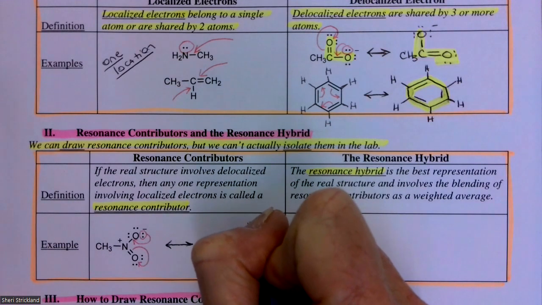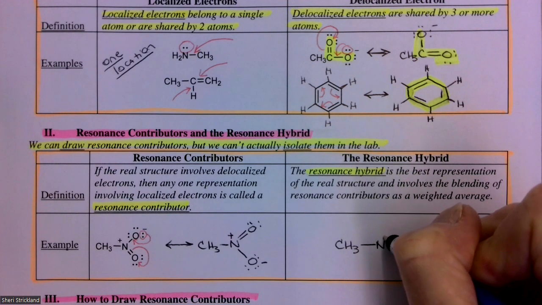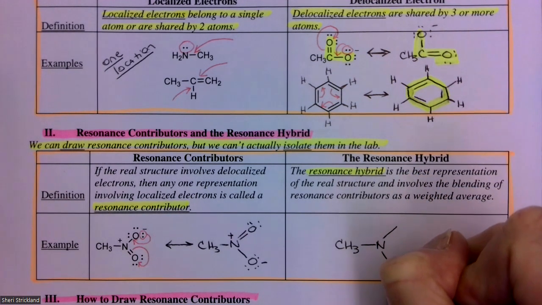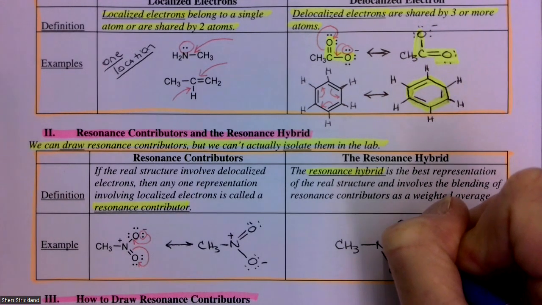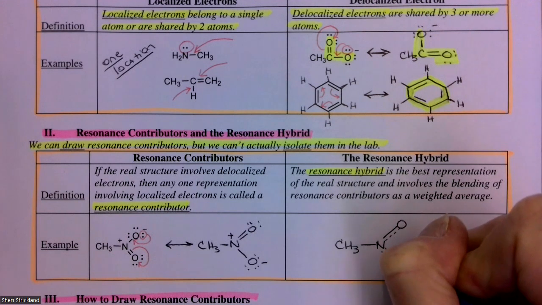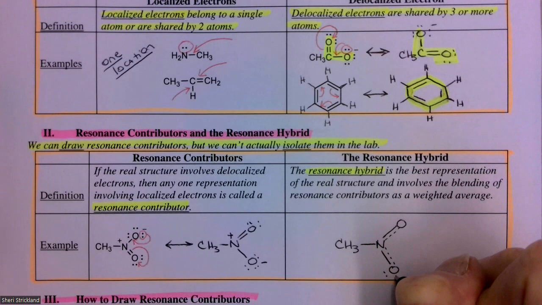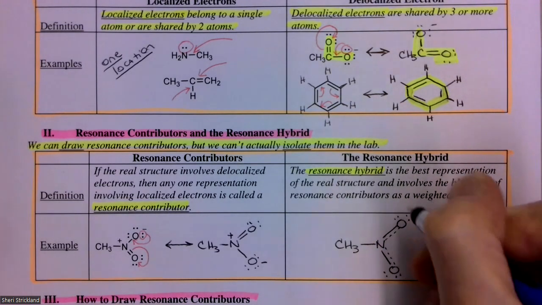Oops, sorry, I forgot my positive charge there. If I want to show that I've got electrons shared between these three atoms, I'm going to draw dashed lines like that. And then the pairs of non-bonding electrons that are there anyway get shown.